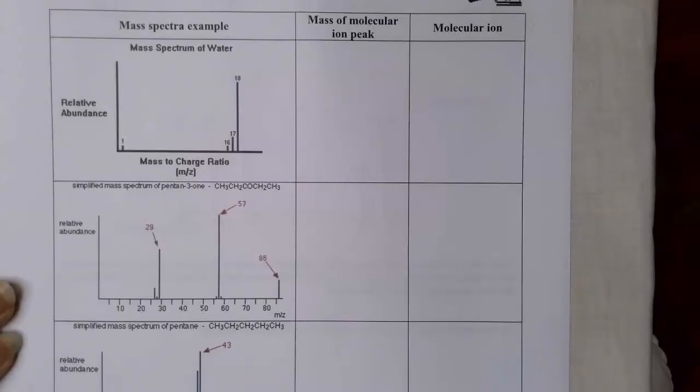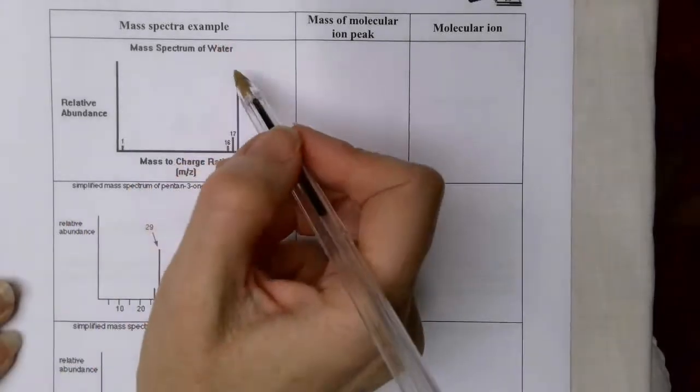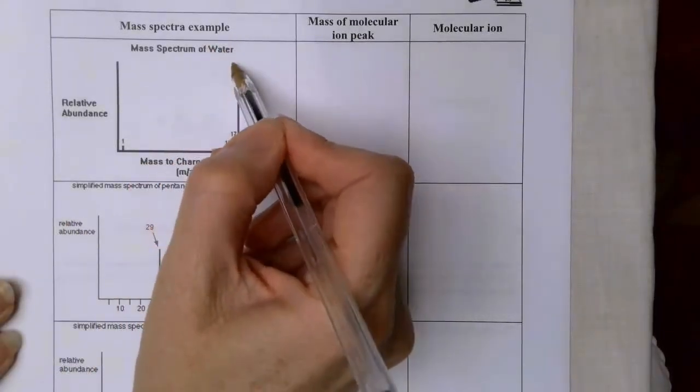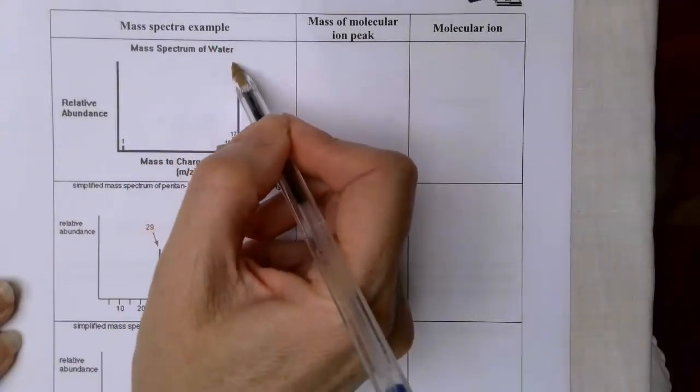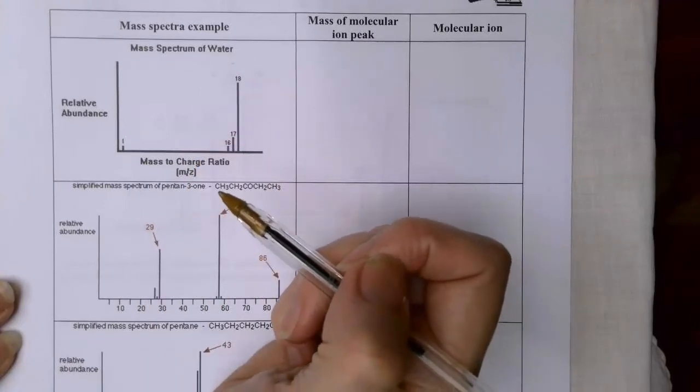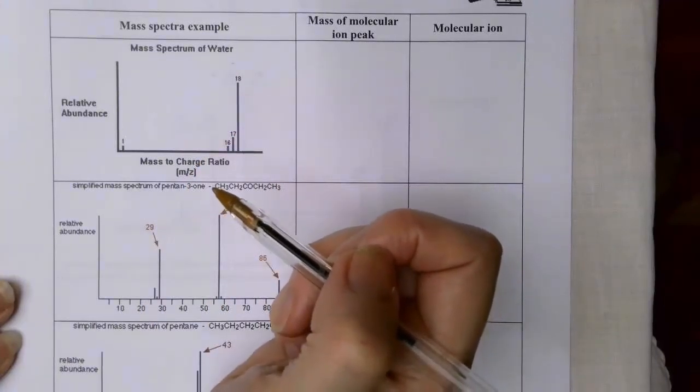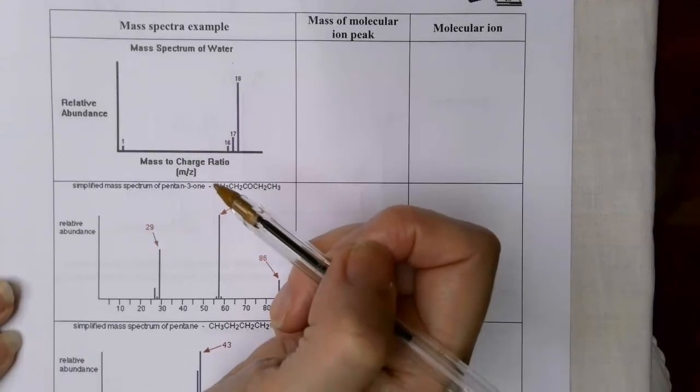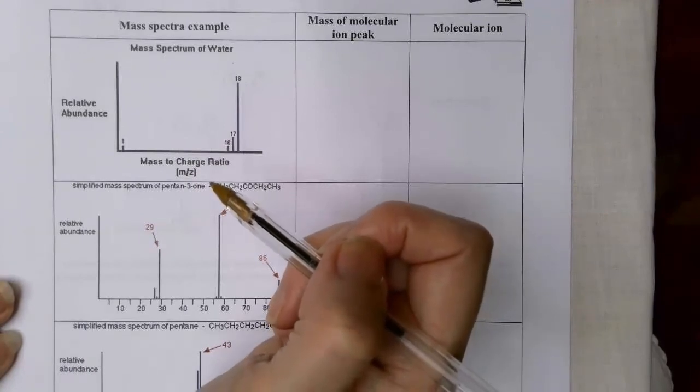So the last type of spectra we're going to be looking at is whole molecules. Now we're going to be studying this a little bit later, but you've got molecules here, for example, of water. Now when you put this through a mass spec, sometimes it will do what we call fragmentation. In other words, it will break up into different bits.